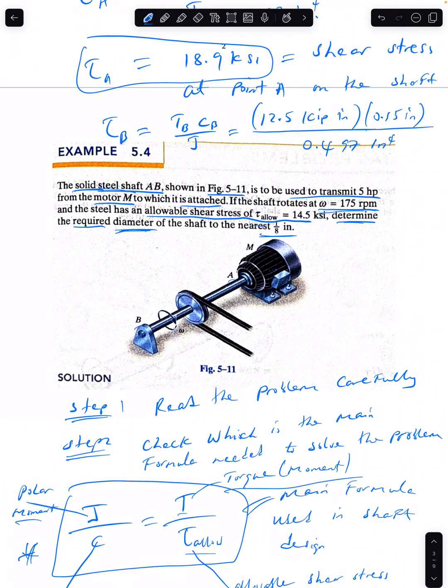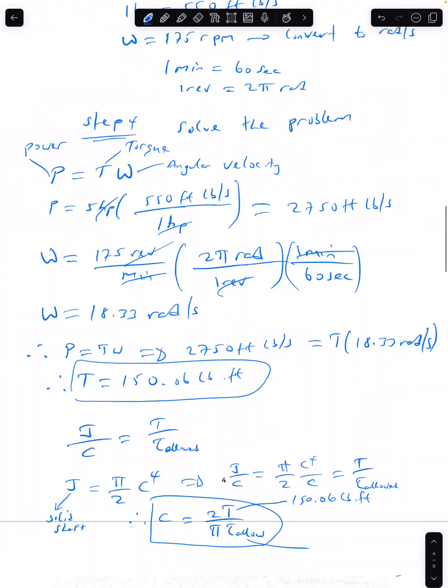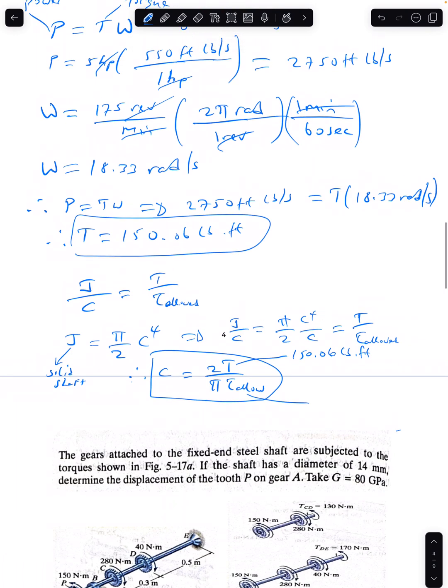we have the allowable shear stress as 14.5 ksi. That will become 14.50. We'll convert that to pounds over inch square, because we must get this radius.